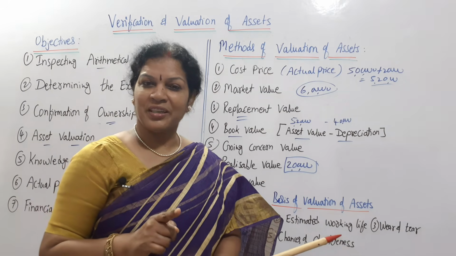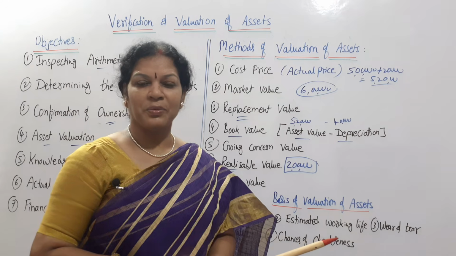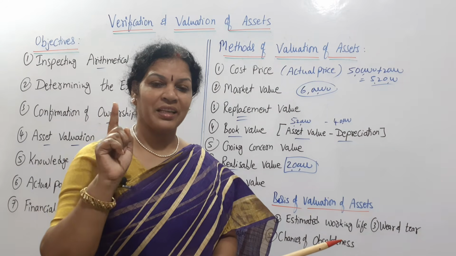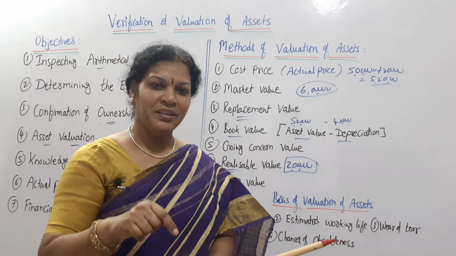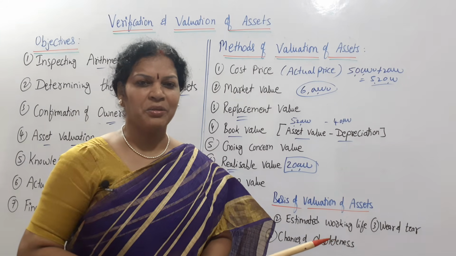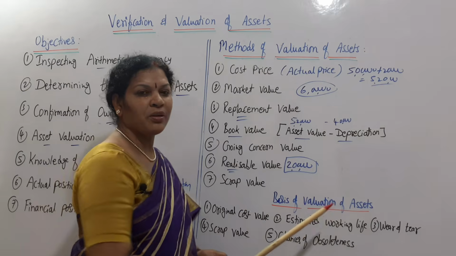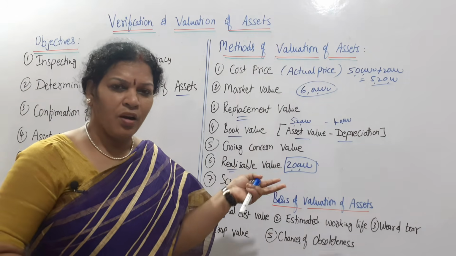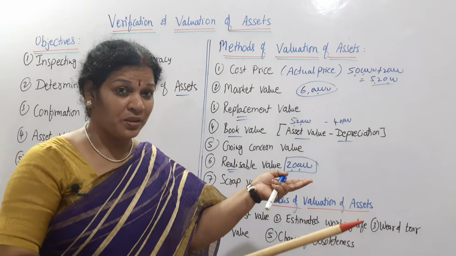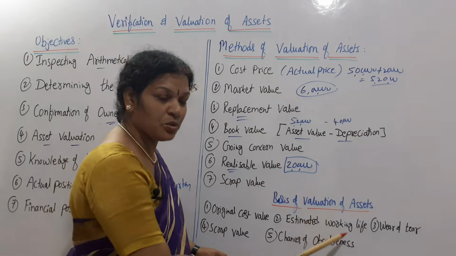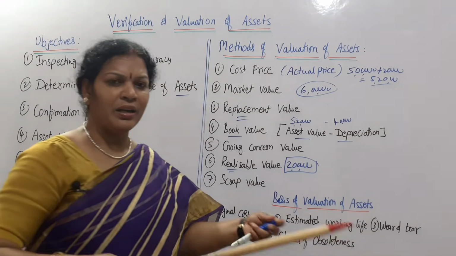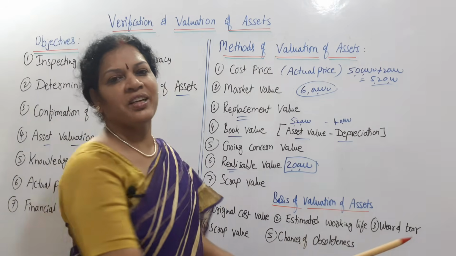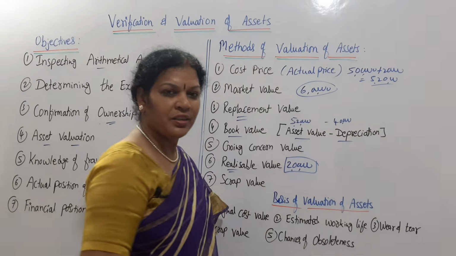Depreciation by the straight line method we calculate with one formula: asset value minus scrap value, divided by estimated working life. Did you remember it? For that purpose, what is the estimated working life? I purchased an asset, so how much period can I expect, 10 years, 20 years? That is the period. Next is wear and tear. While using the asset, the value will decrease somewhat. That we call wear and tear.